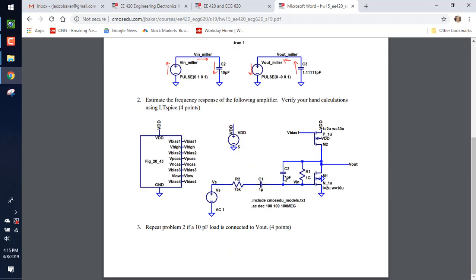All right, and so what is this capacitance right here? That's C sub C, that's 1 pico. And then what's the R2? Yeah, let me actually sketch this circuit just to make sure we're all following.